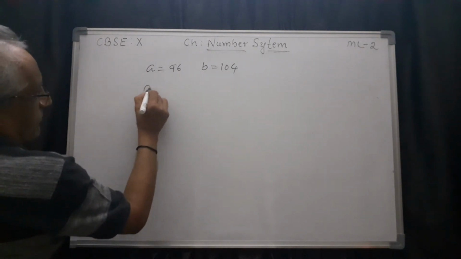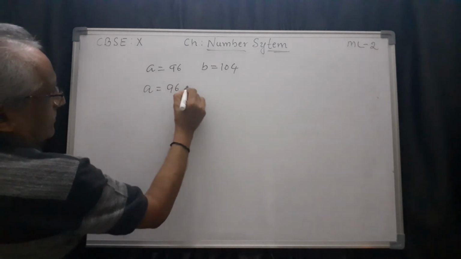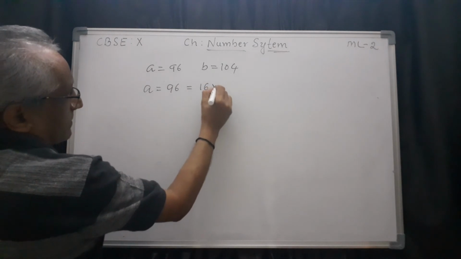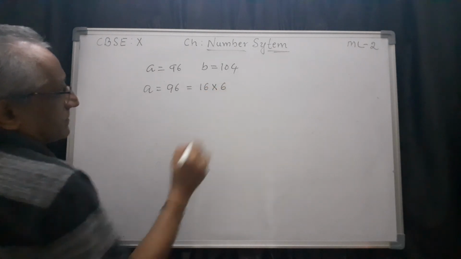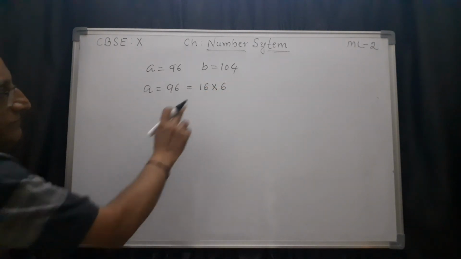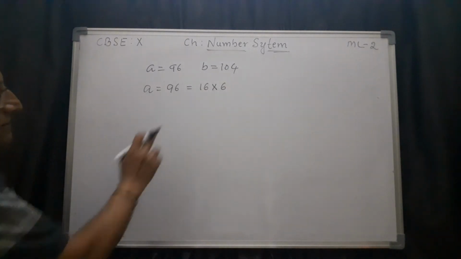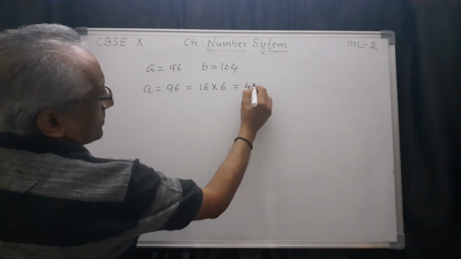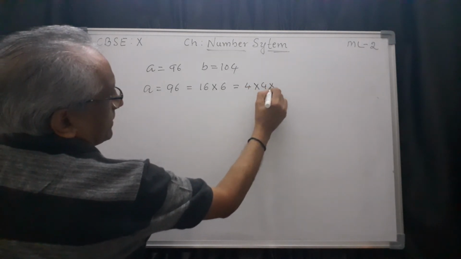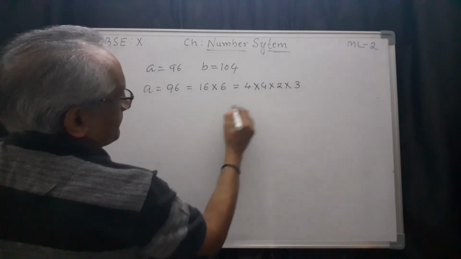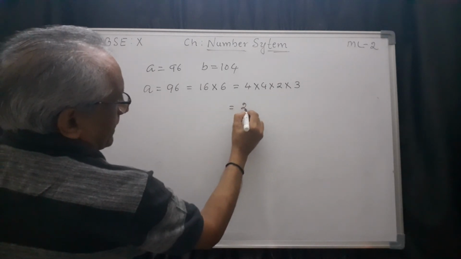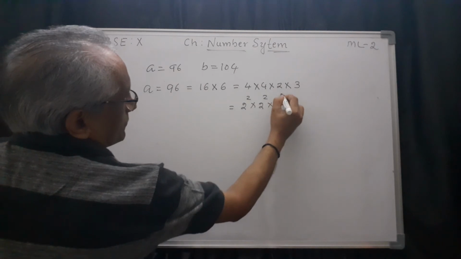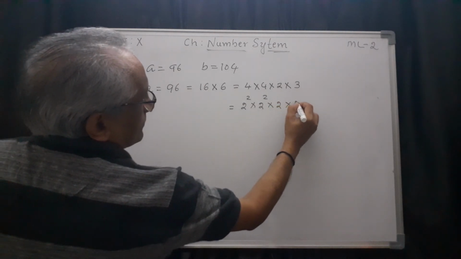So now a equal to 96 equal to, you can proceed with anything, say 16 into 6 actually, 96. Now this you can write actually 4 into 4 into 2 into 3. This is 2 square. This is also 2 square. This is 2 into 3.